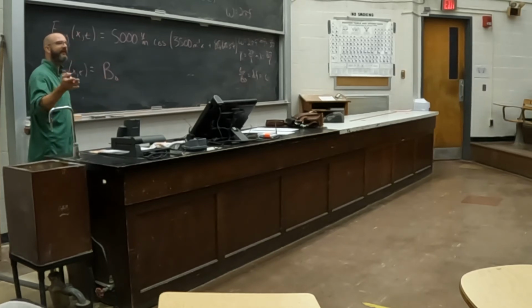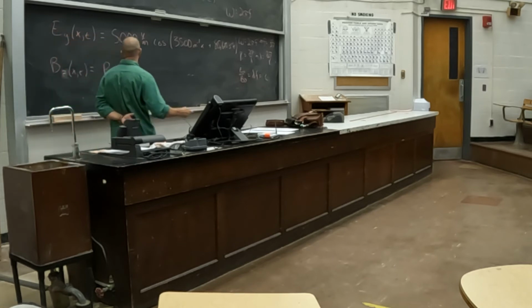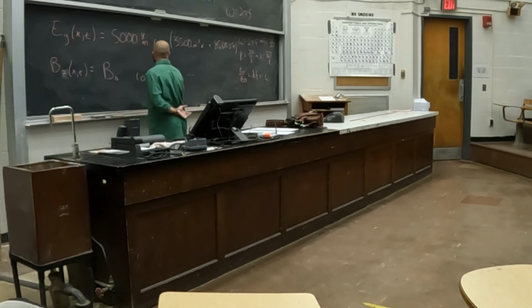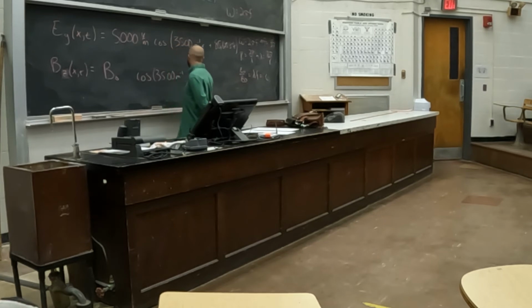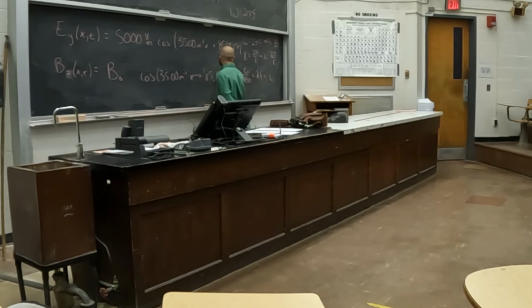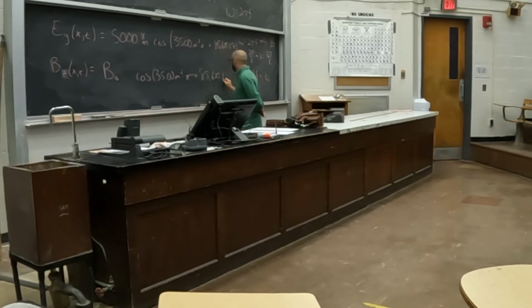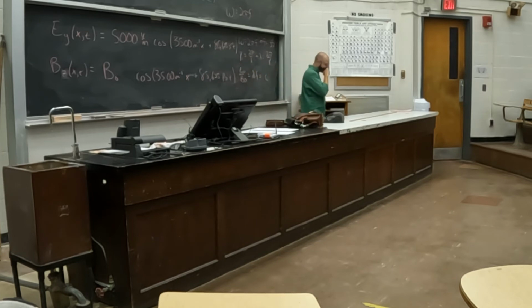Their temporal and spatial frequencies are the exact same. So cosine 3,500 per meter times x plus 85,625. I'll write hertz here just to get you used to seeing both of those notations. So now I just have to figure out what B naught is.